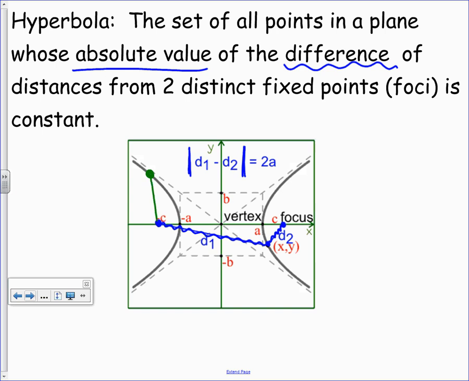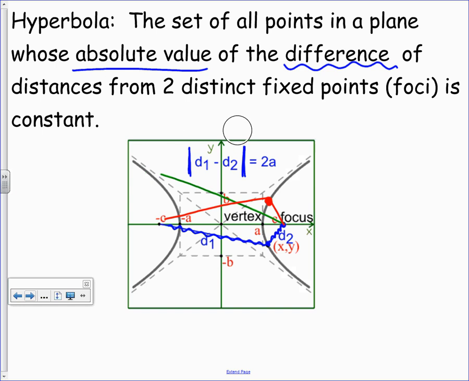This distance from the focus to the point subtracted from this distance from the point to the other focus is the same amount as it was when I subtracted the blue. You could pick any point you wanted to. Let's pick this point on the right curve. The point to the focus minus the point to the other focus is always going to give you the same value. And so that's the definition for hyperbola.